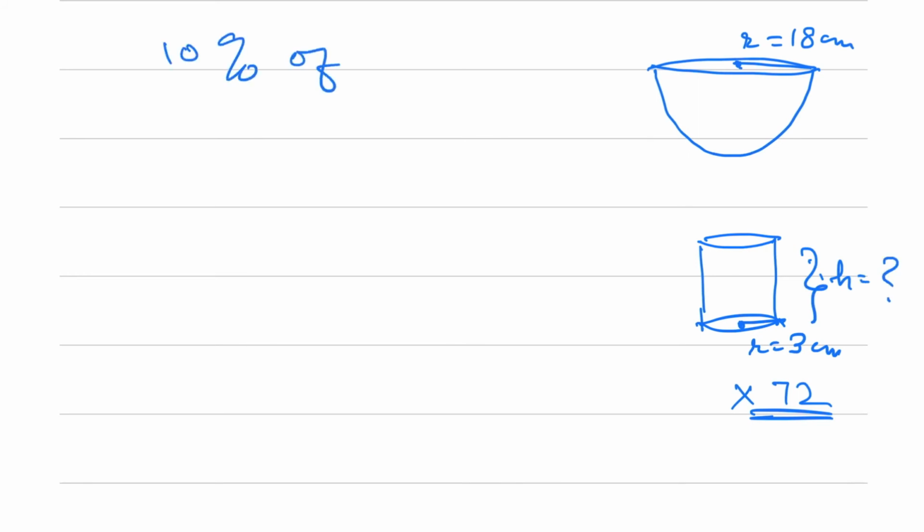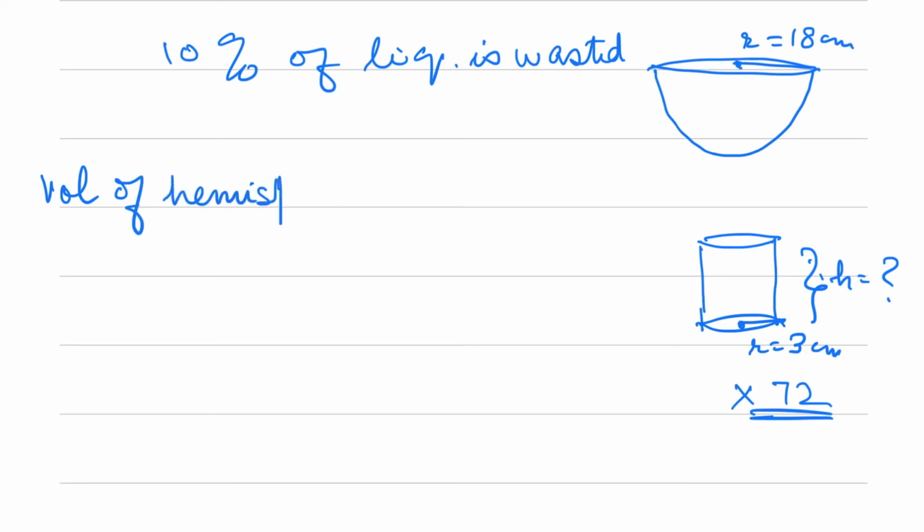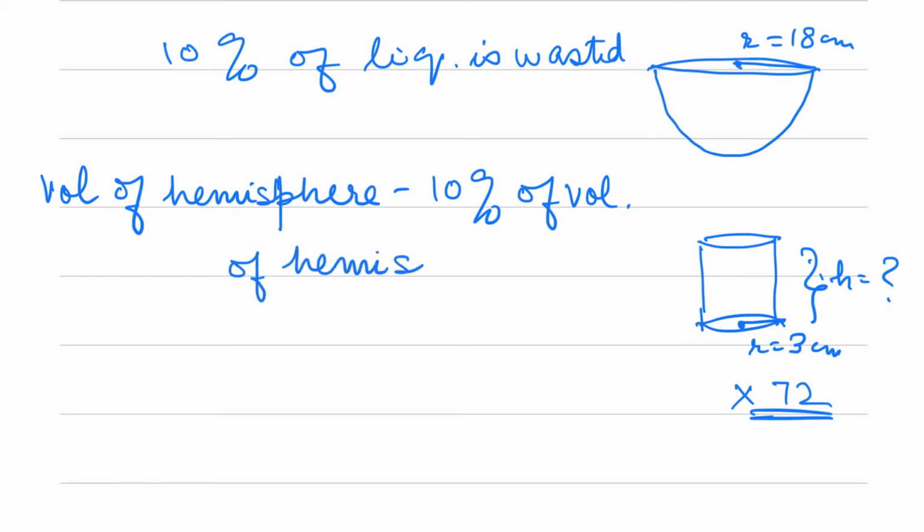10% of liquid is wasted. Volume of hemisphere, right? Liquid in that, minus 10% of volume of hemisphere is equal to 72 into volume of cylinder.